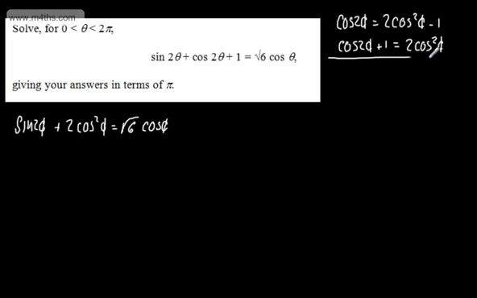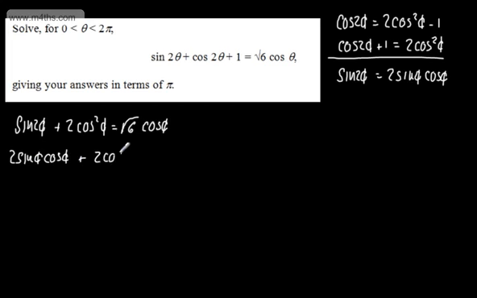Using a second double angle identity for sine, sine 2 theta is 2 sine theta cos theta. Substituting that in, we've got 2 sine theta cos theta plus 2 cos squared theta, and I'm going to subtract root 6 cos theta from both sides, so that it equals 0.